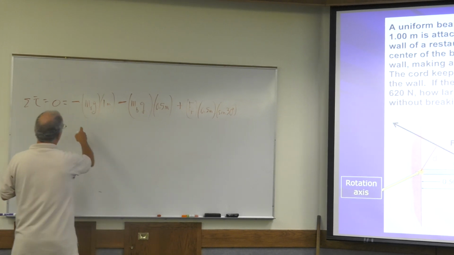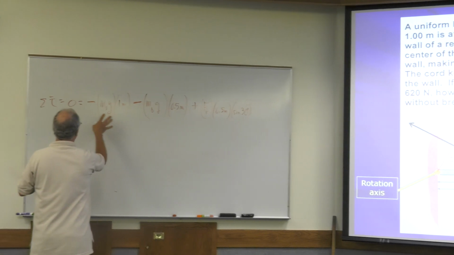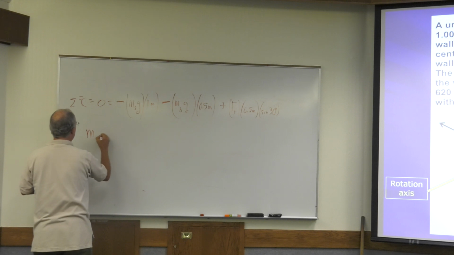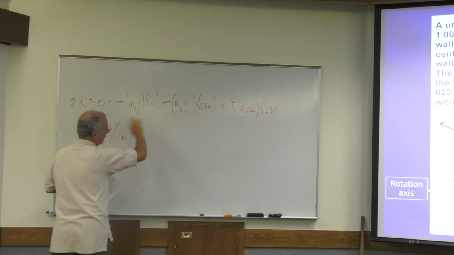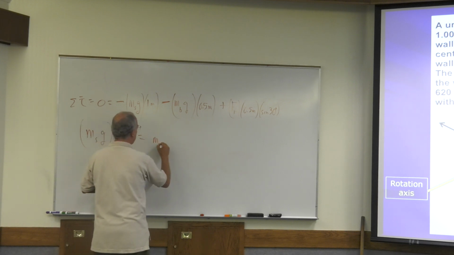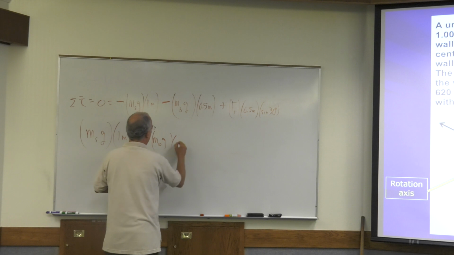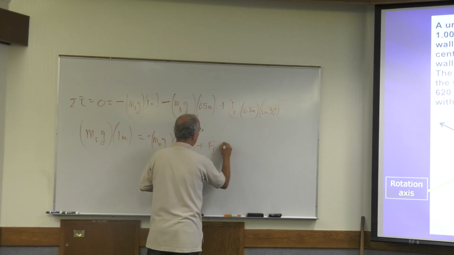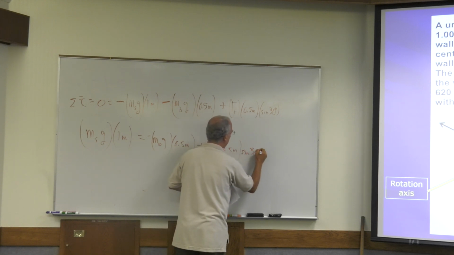All right, so we're going to solve for m_s. So let's put this on this side. So we'll have m_s g times 1 meter equals all that other junk. Let's see, minus m_beam g times 1/2 meter plus F_R times 0.5 meters sine of 30.